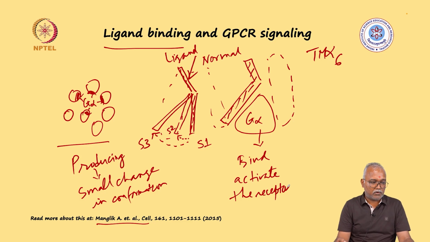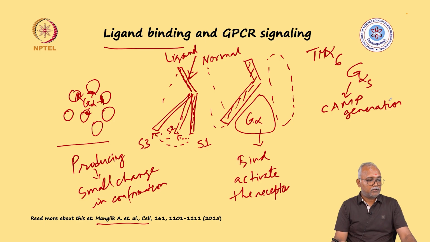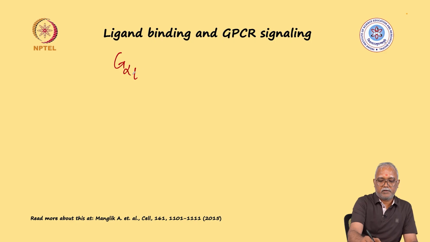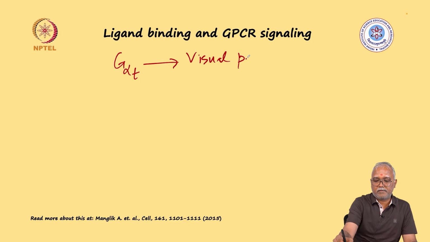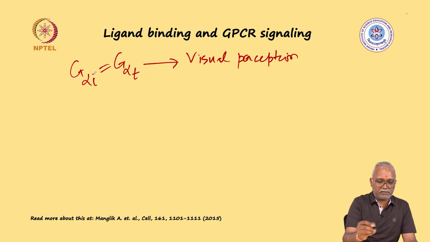This happens in the case of G alpha S, which is involved in cyclic AMP generation, as well as the other G alpha, which is the G alpha T family. Remember, G alpha T for transducin, which was involved in our visual perception, is also called G alpha I. So something similar happens here: there is an orientation of the alpha helix 6 like this.